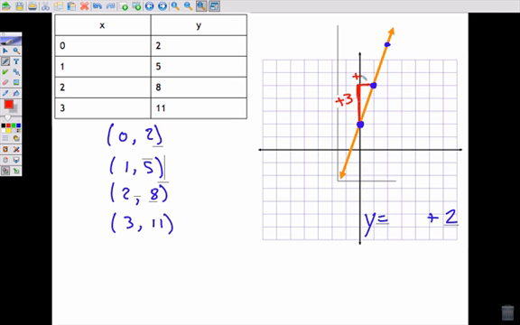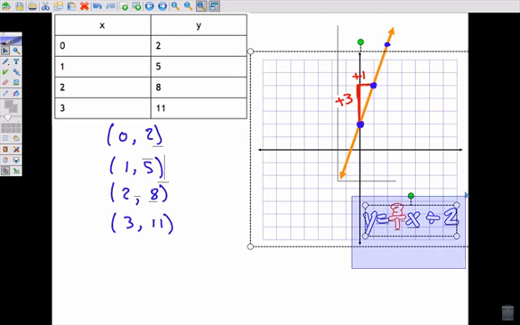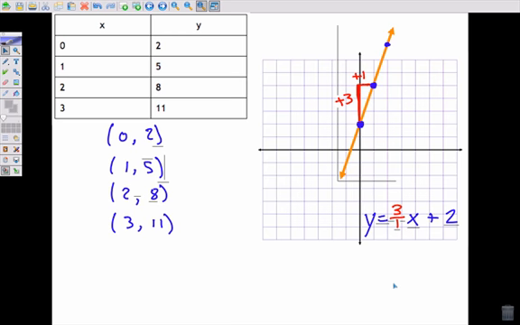The run was plus 1. So I have a slope of 3 over 1. And then don't forget to put an x right there. So the equation for this line is y equals 3 over 1 x plus 2.